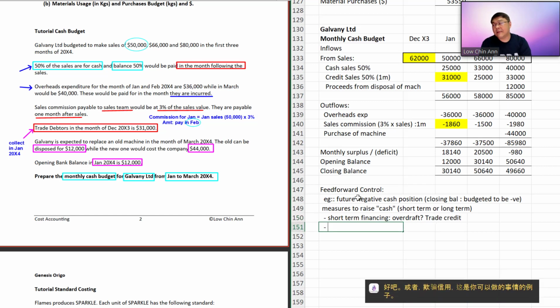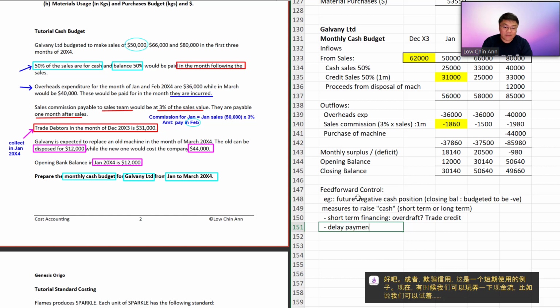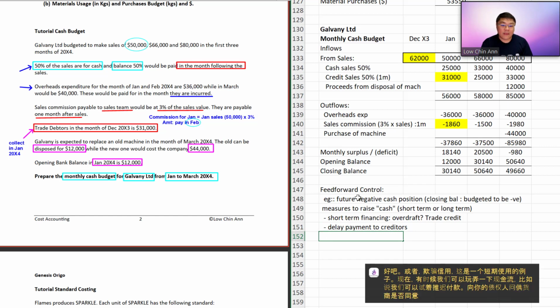Now sometimes we can play around with cash flow, like maybe we can try to delay payment to your creditors. So we ask suppliers if it's all right for us to pay you later, or you could speed up your cash collection from your customers.